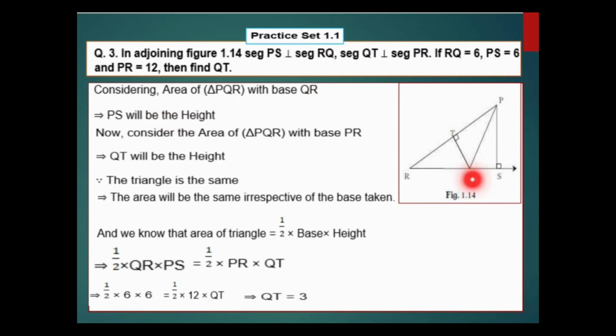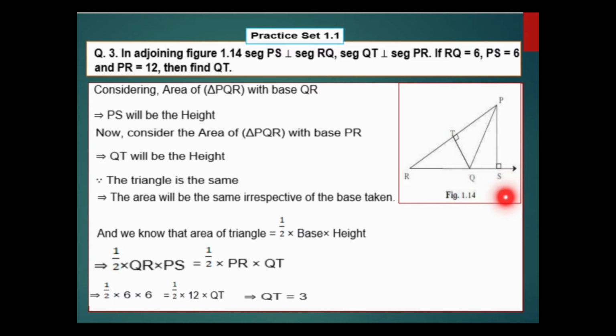So we consider here triangle PQR. First we consider its height as PS, then we consider height as TQ, because both are heights of triangle PQR, so their area must be the same.